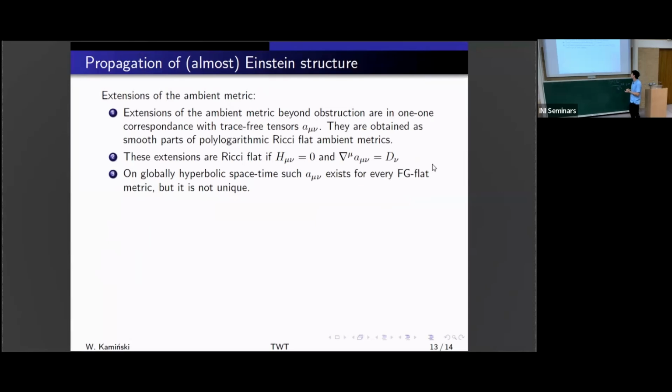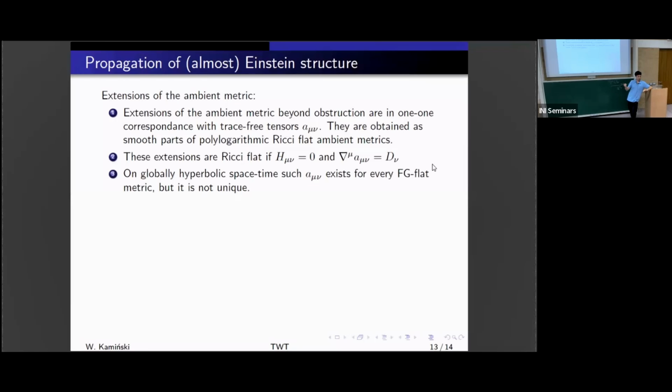because at least in Lorentzian signature, we can always extend the metric to higher order. There is some natural class of extensions, the polylogarithmic ambient metrics. For us it's not so important how they are exactly constructed, but they depend on one additional tensor.